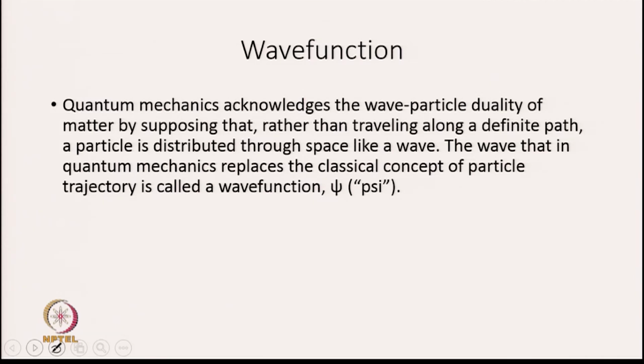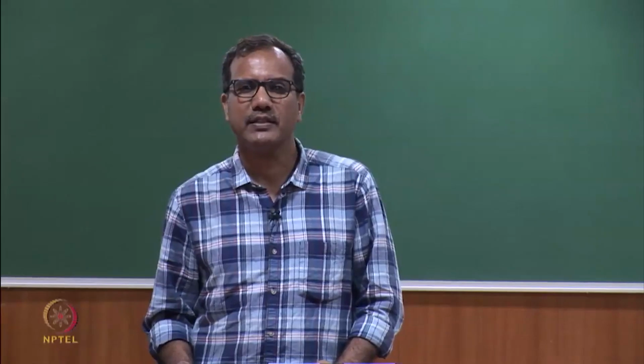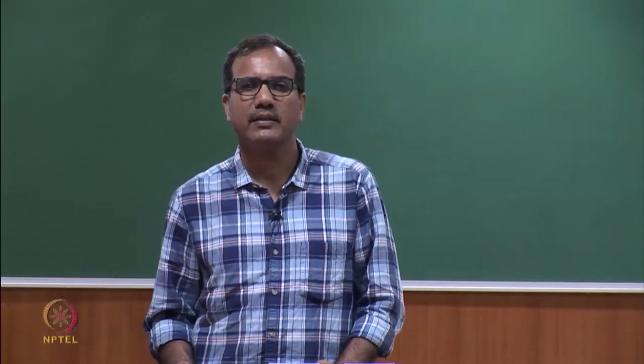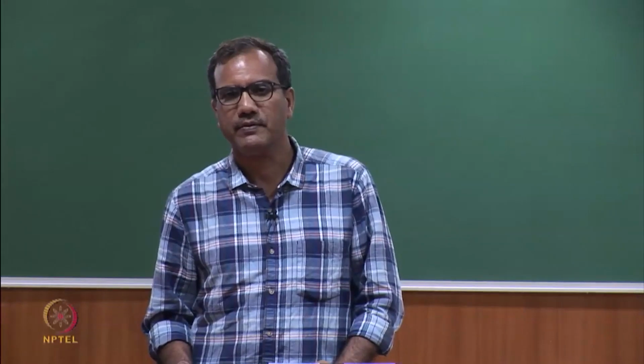Wave function: quantum mechanics acknowledges the wave particle duality of matter by supposing that rather than travelling along a definite path, a particle is distributed through space like a wave. And the wave that in quantum mechanics replaces the classical concept of particle trajectory is known as the wave function.